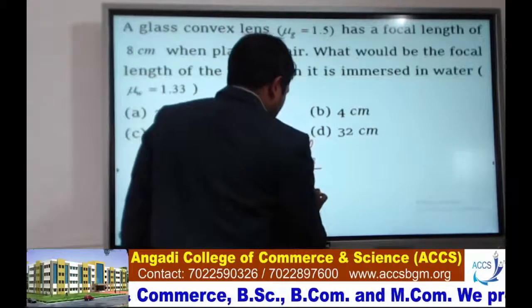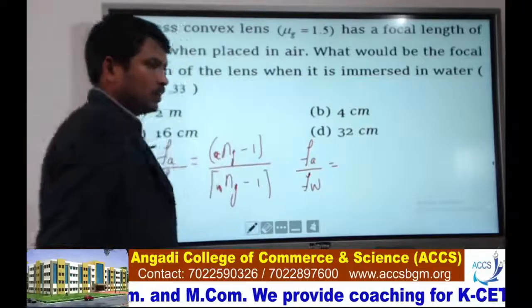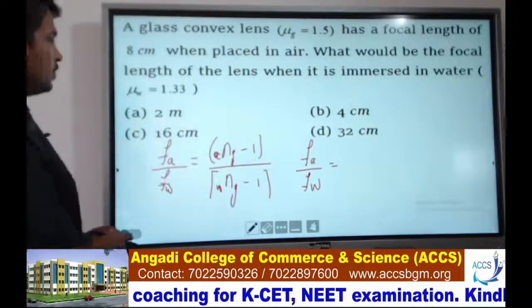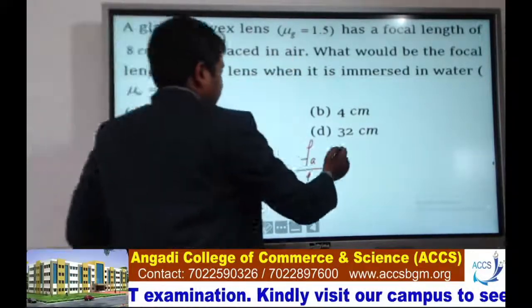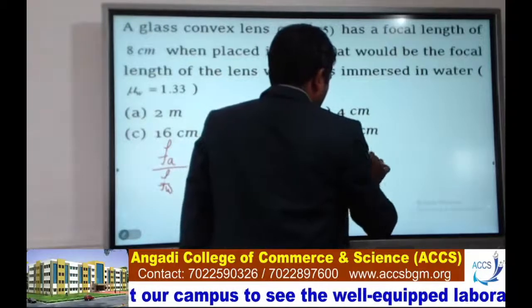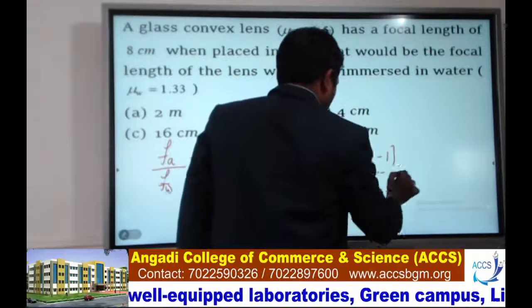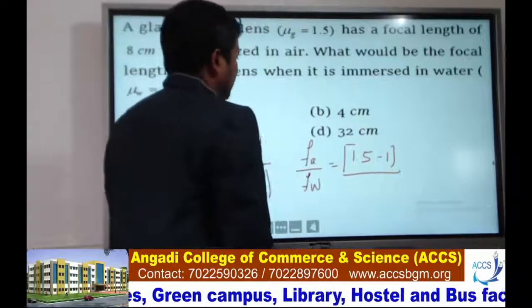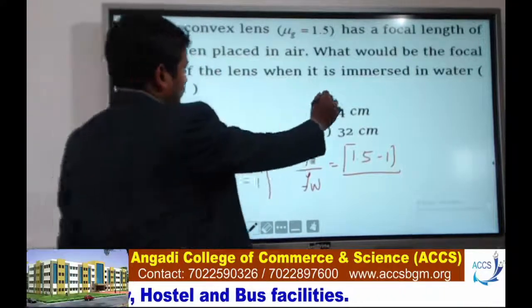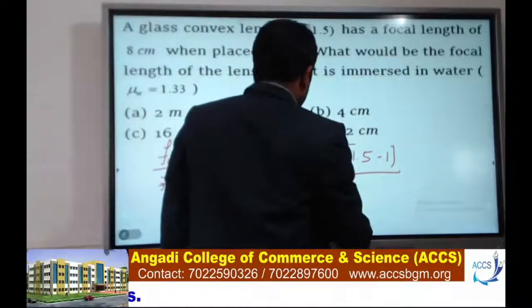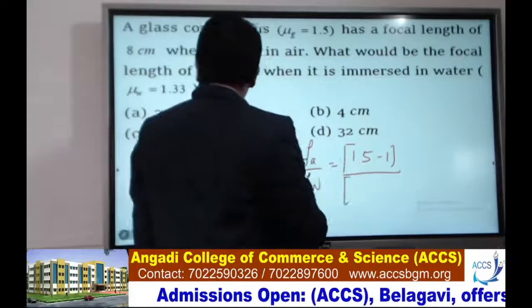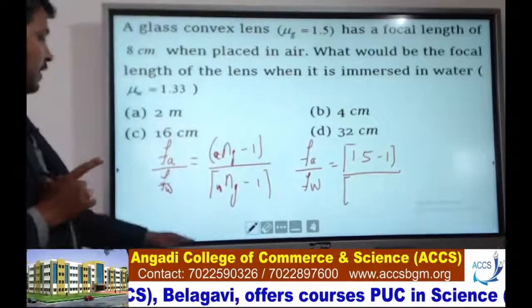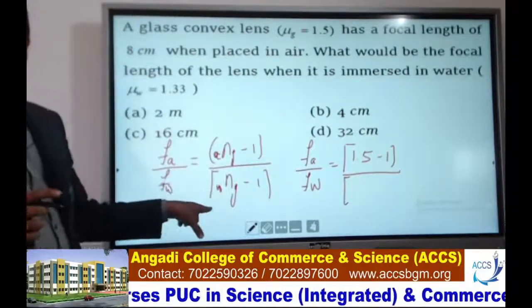Now FA divided by FW equals 1.5 minus 1 divided by the refractive index of glass with respect to water minus 1.